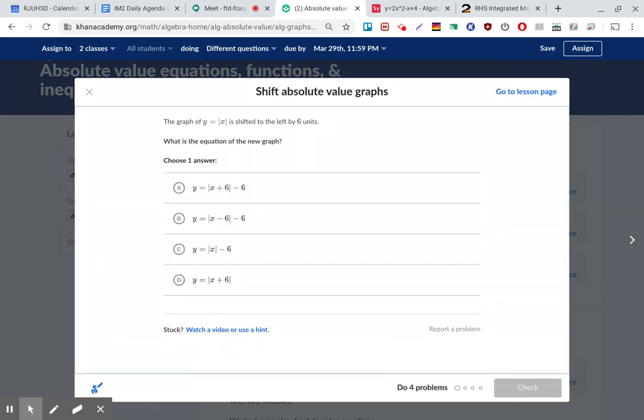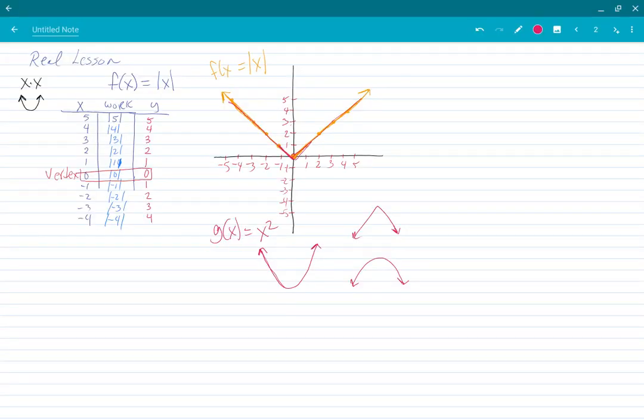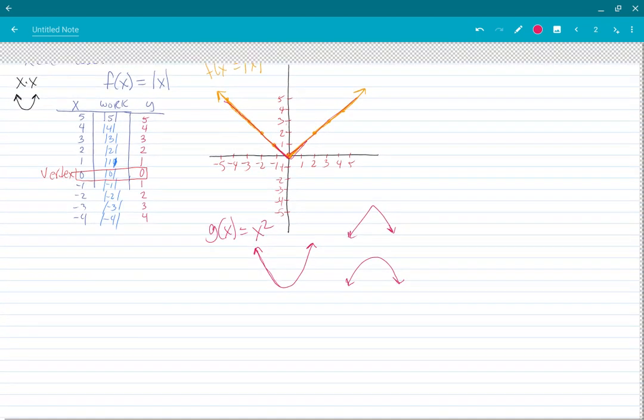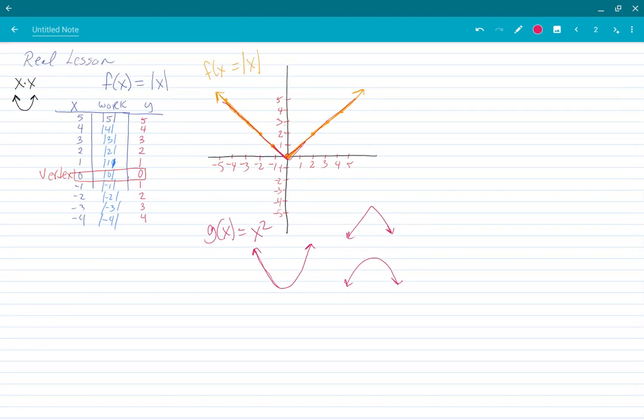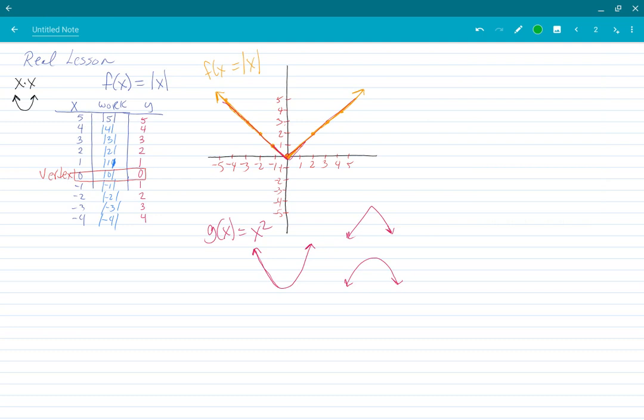All right, y equals absolute value. Shift left. Okay, so there's some shifting going on. So what we're going to do is another one right here. Hopefully you have some space. I'm going to call this one f, g, h. h of x is the absolute value of x plus 3.